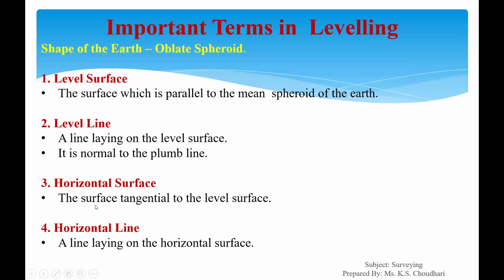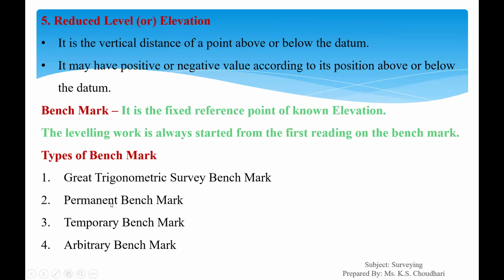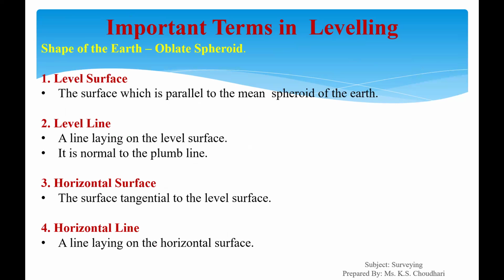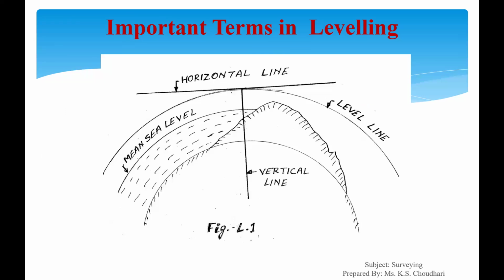Now the horizontal surface: the surface which is tangential to the level surface is called the horizontal surface, and any line lying on the horizontal surface is called a horizontal line. Now look here. This is the mean spheroid of the actual shape of the earth, and this is the horizontal surface.